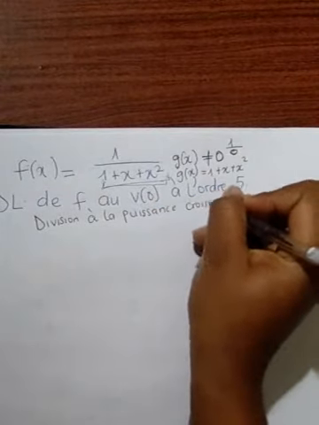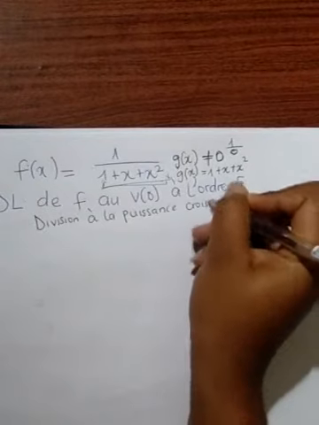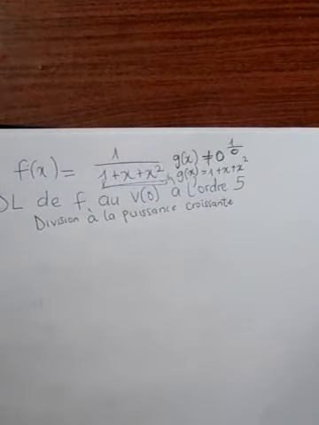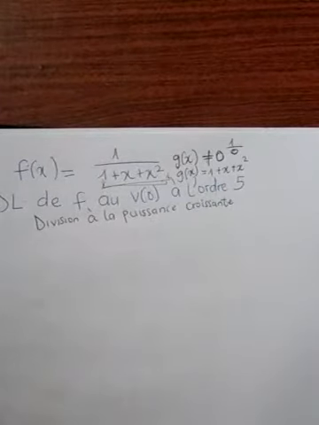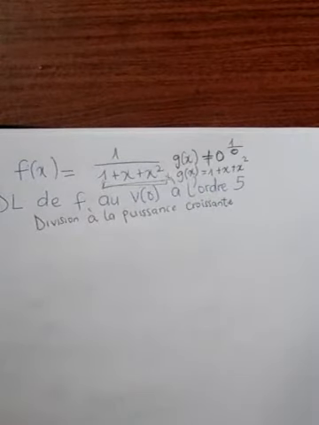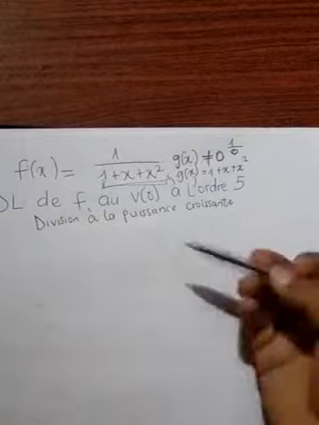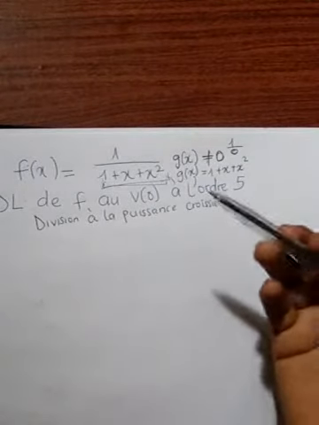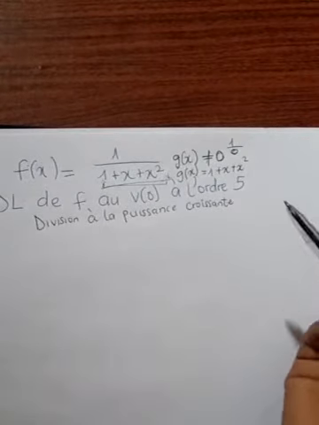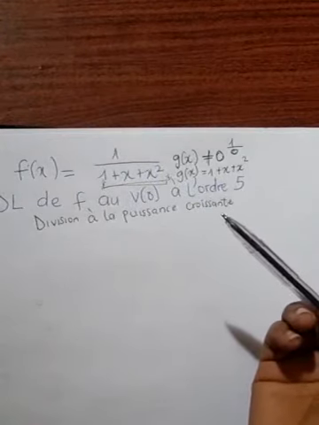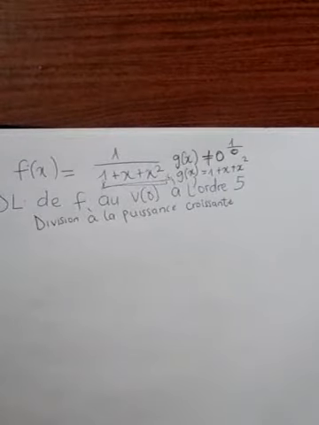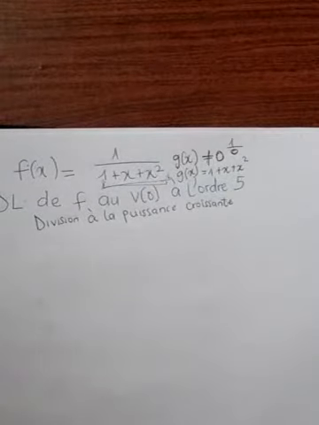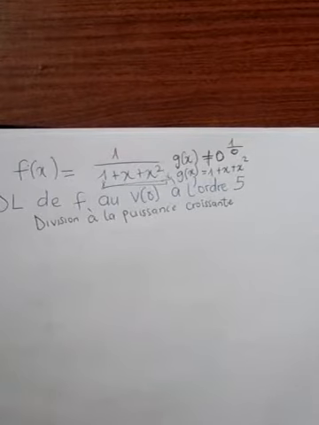I explained this in one of my videos, so you can check that out. But basically, to do a little résumé, for division à la puissance croissante, we are dividing but in increasing order. That's basically what it means. I'll show you right here.